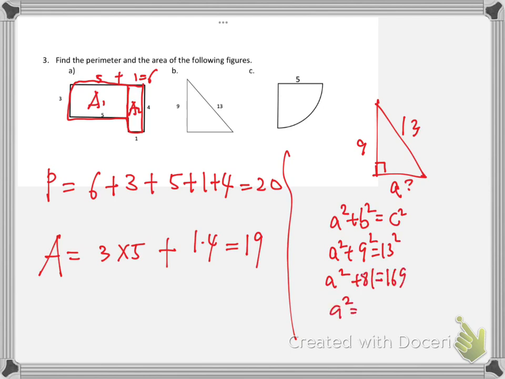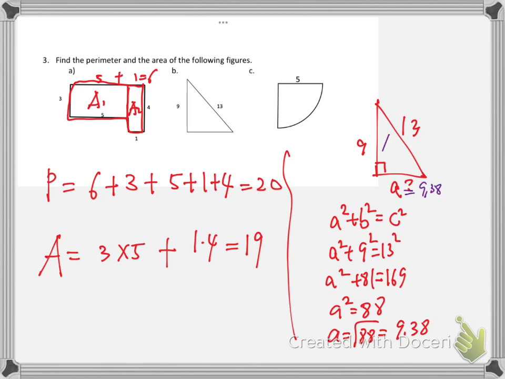So a squared is 88. Then we got a is the square root of 88. Then you got 9.38. So now we know the bottom length is 9.38.